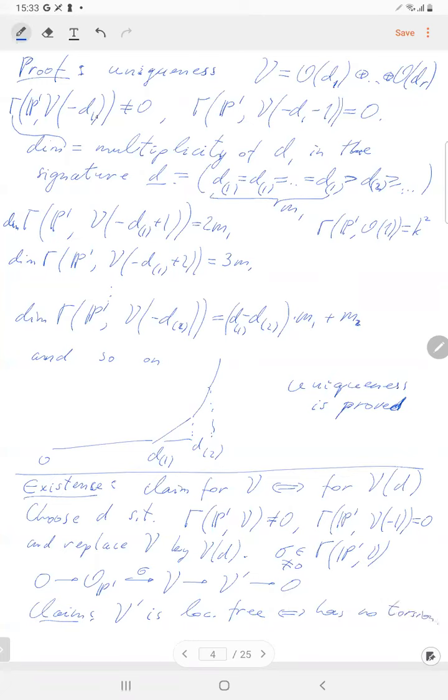And indeed, so let T in V prime be the torsion subsheaf.